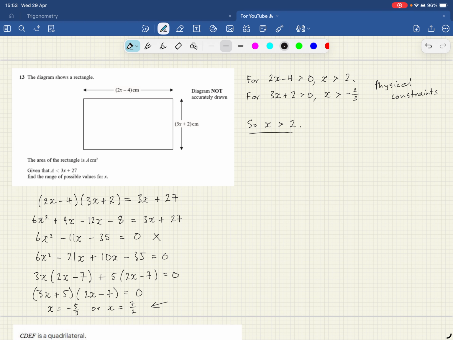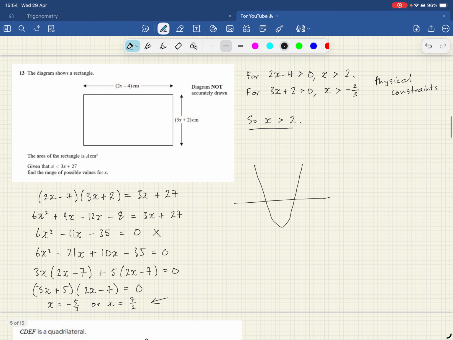We've got a positive coefficient of x squared, so we know it's U-shaped. And we are looking for the points at which the curve is less than 0, where y equals 0 there. So it's less than 0 at these points here, okay? Any of these x values in the middle give us a y value that's less than 0.